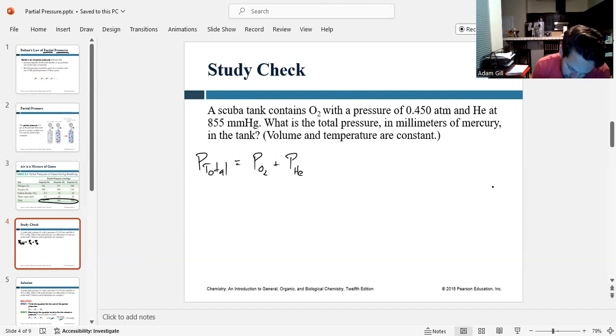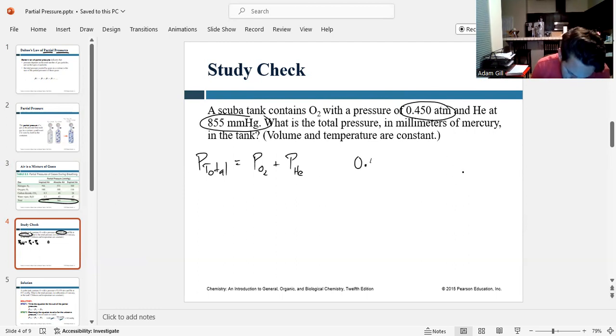Now, the problem here is that the oxygen pressure is given in atmospheres and the helium pressure is given in millimeters of mercury. Those are different units, so we can't add them together the way they are. We're going to have to convert the oxygen pressure into millimeters of mercury first.